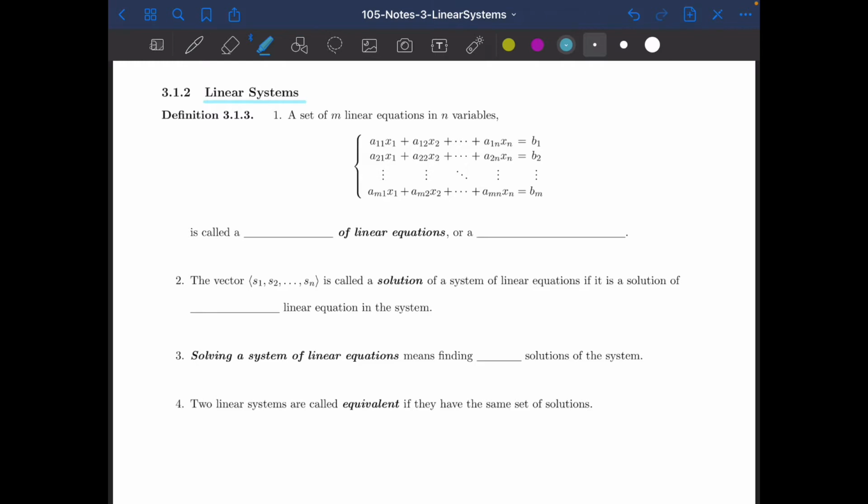A set of m linear equations in n variables is called a system of linear equations, or a linear system.